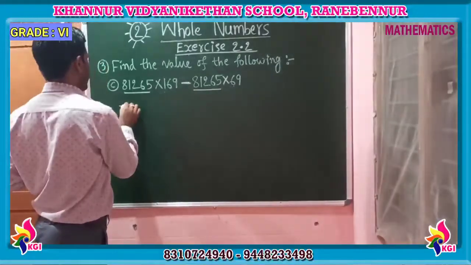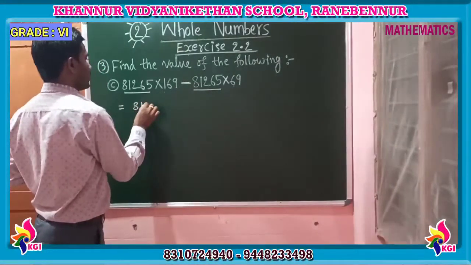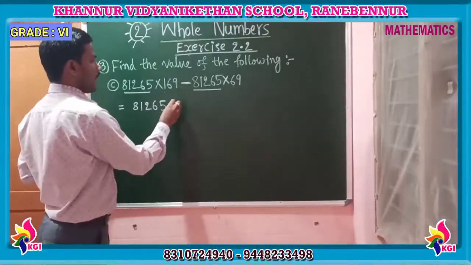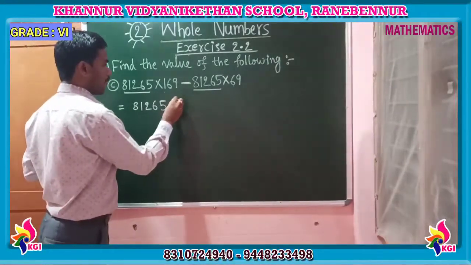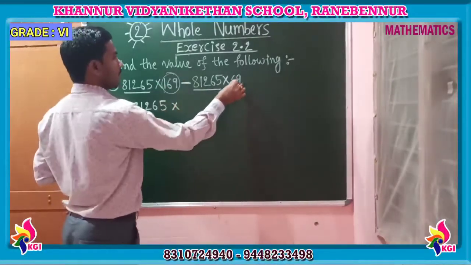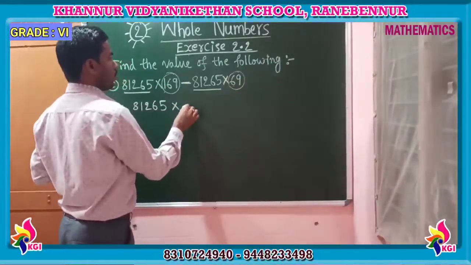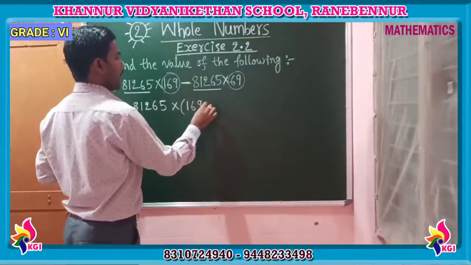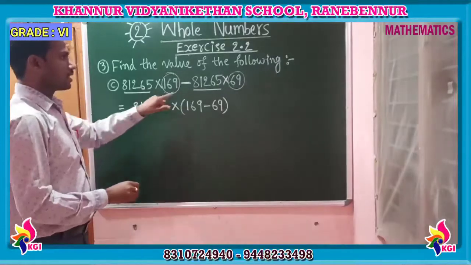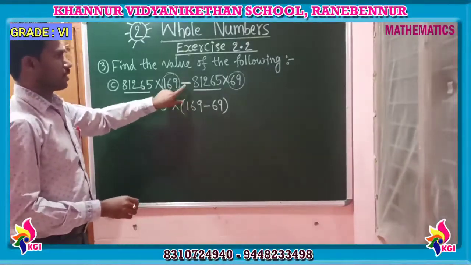So now in the second step you can take this 81,265 as common and is multiplied by this 169 and 69. 169 and 69 you can subtract them because here the subtraction sign is there.